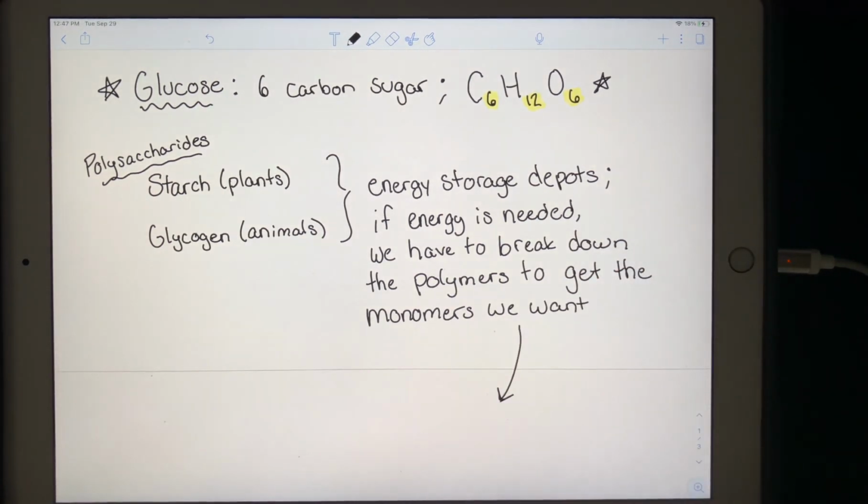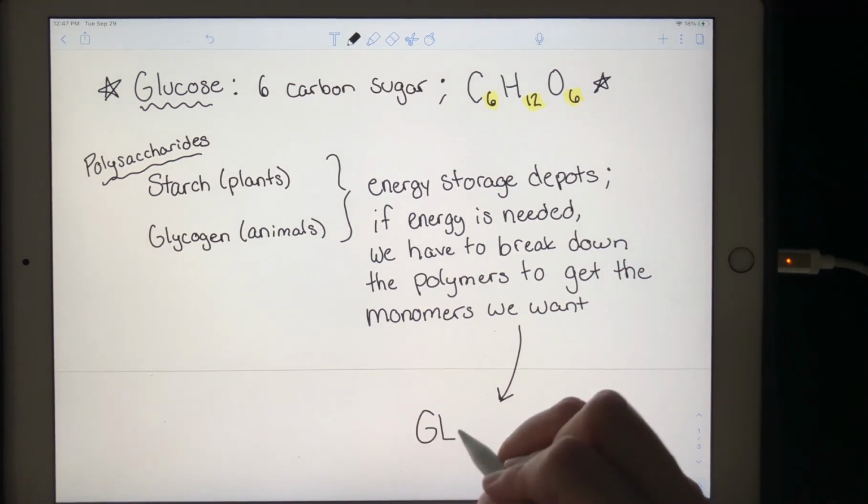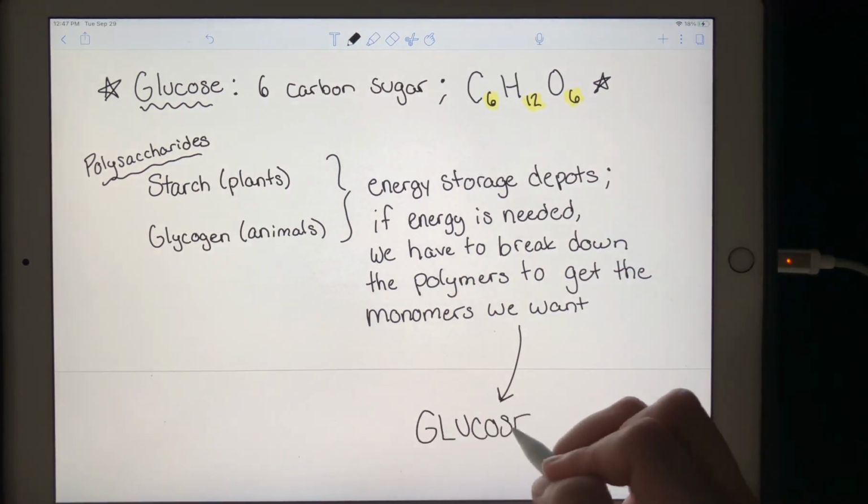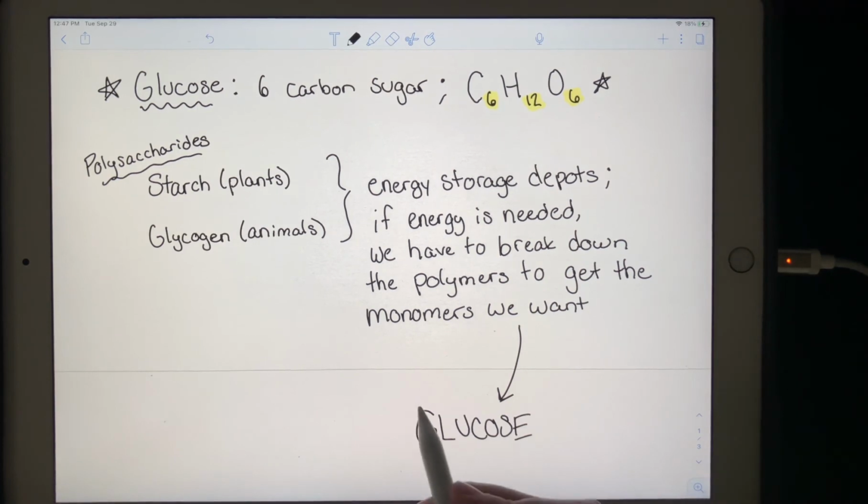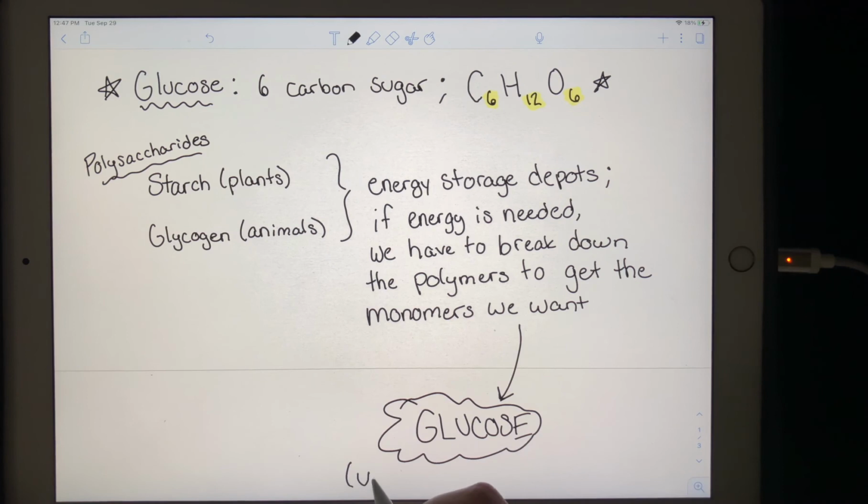And the monomer we want here is glucose. Glucose is significant because it is universal cellular fuel.